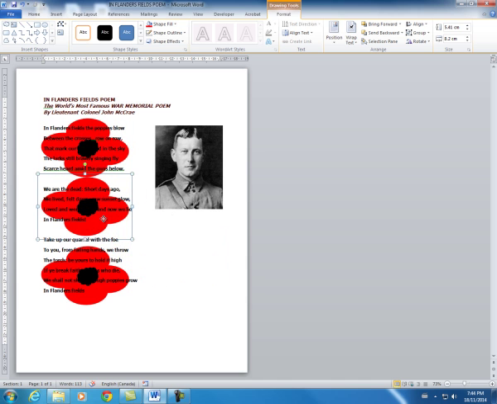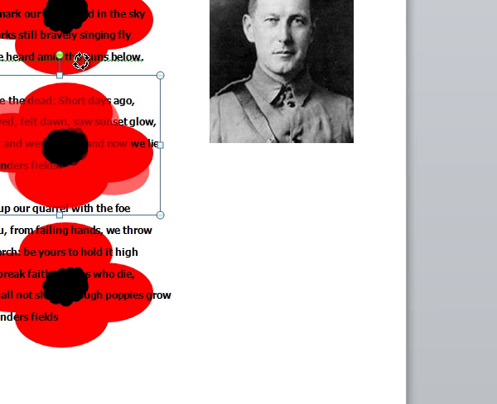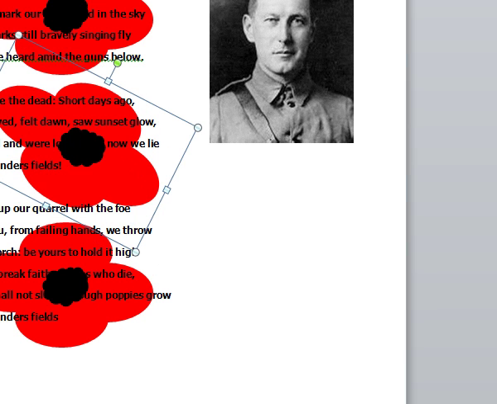There. And the other thing you can do with images or shapes is each shape will come with a green handle, and that allows you to rotate. So that's also an option.